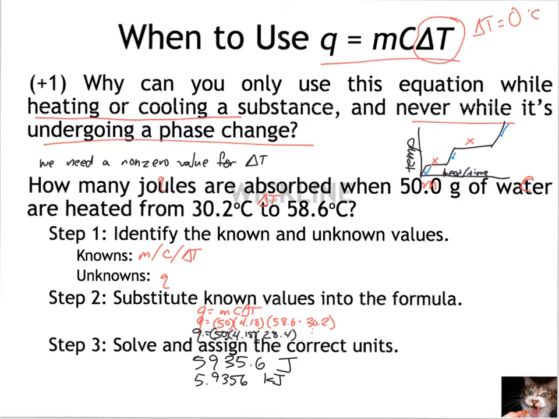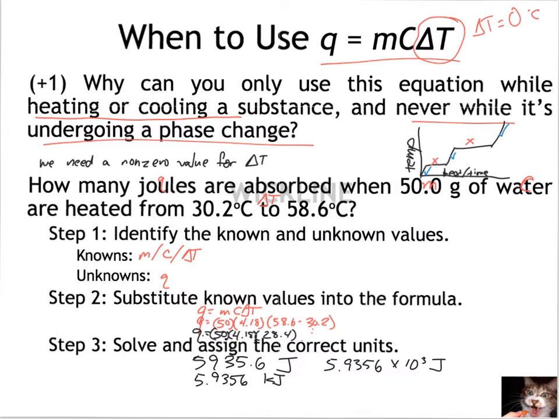And you could also express this in scientific notation, which needs to have only one digit to the left of the decimal, or in other words, it needs to be between 1 and 10. So it would still be 5.9356 times 10 to the third joules.